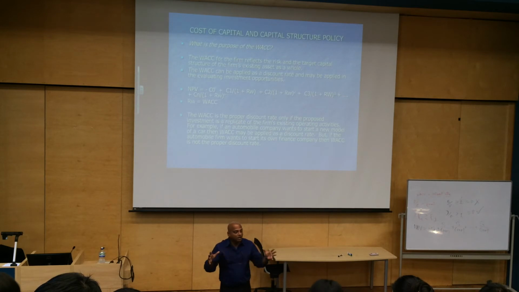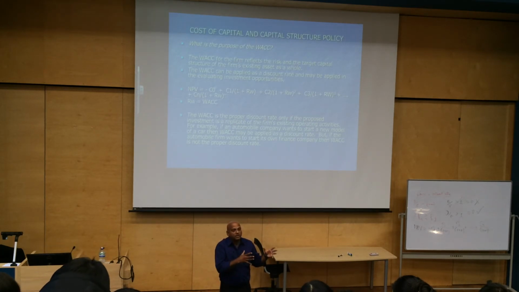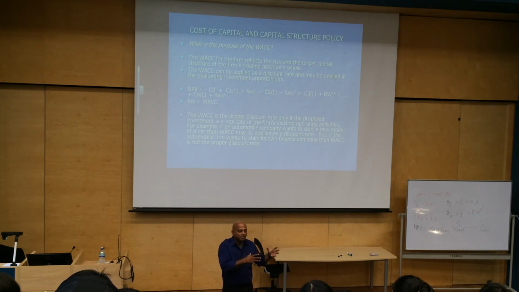In other words, a car company decides to open a car factory in China, or decides to start a new line of trucks, a new model of cars, then use the WACC. But if the same car company decides to open a financing department, or open a clothing store, or go buy McDonald's, then you cannot use the WACC.